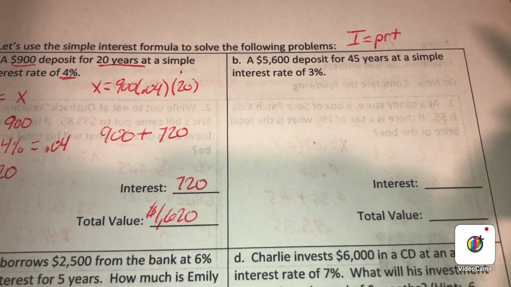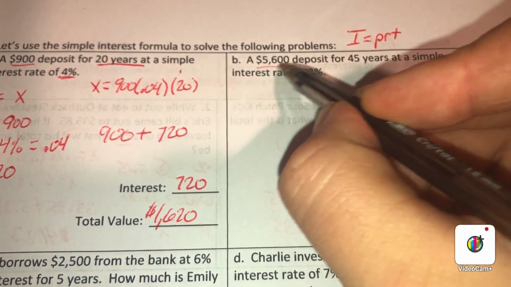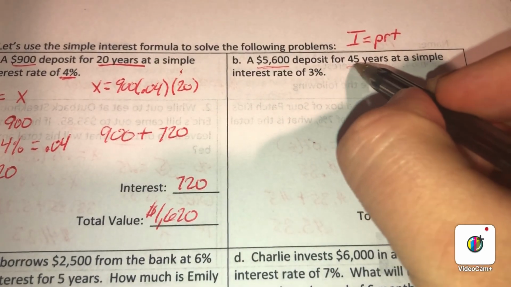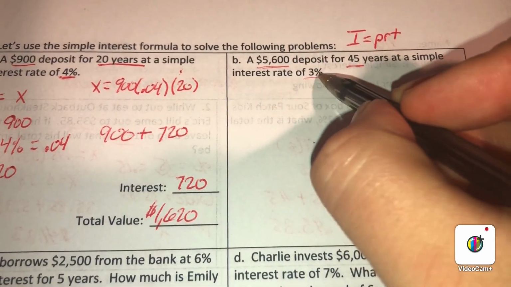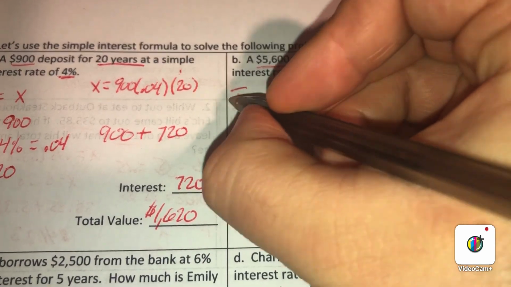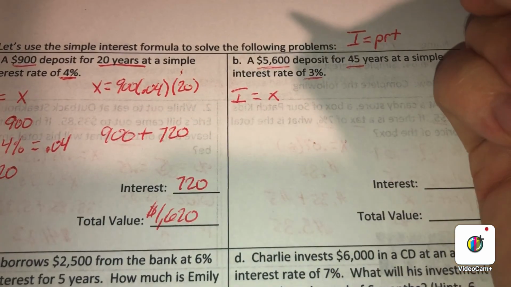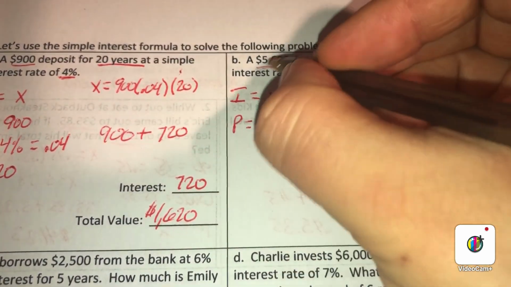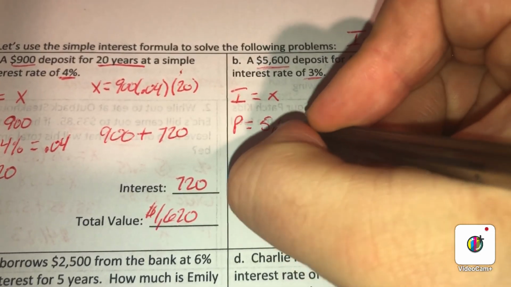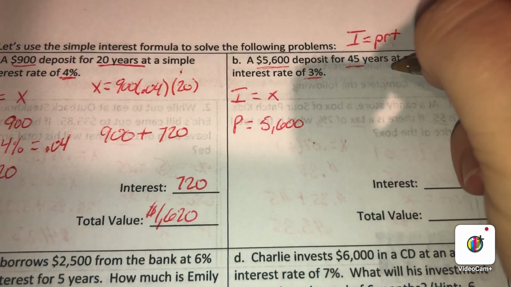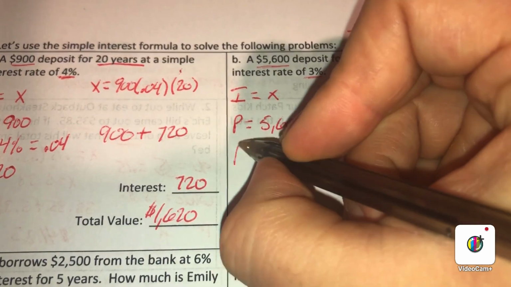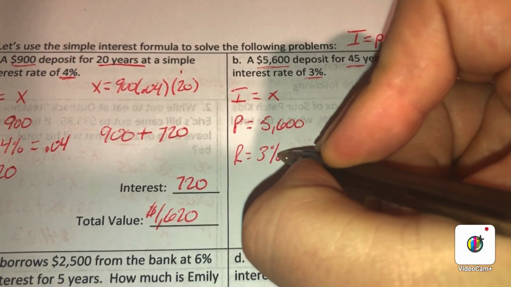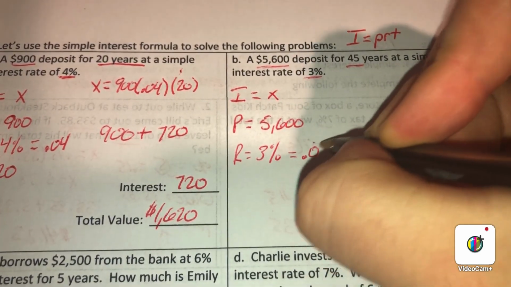B. A $5,600 deposit for 45 years at a simple interest rate of 3%. So I is what we're looking for, the interest. P, how much did we deposit? $5,600. The rate is 3%. Make that a decimal, 0.03.